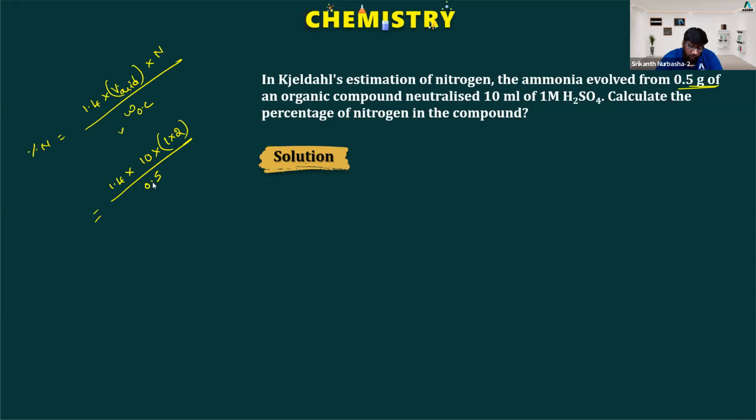Yes or no? Volume is 10, normality is molarity into n factor. So 1.4 into 10 into 2 divided by 0.5.